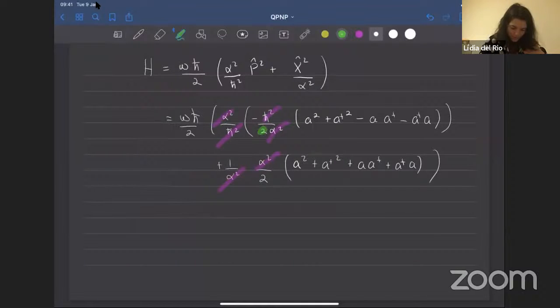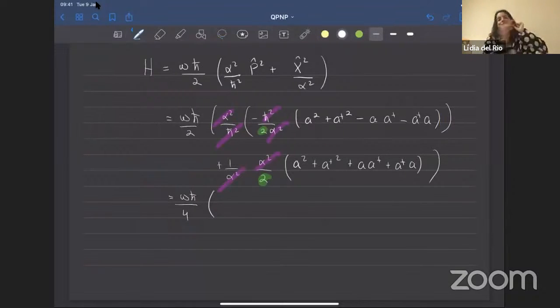These two can come outside. So then we have h bar omega. Well, it's not w, it's an omega, but never mind. By the way, omega is the frequency of oscillation in the pendulum, and so on.